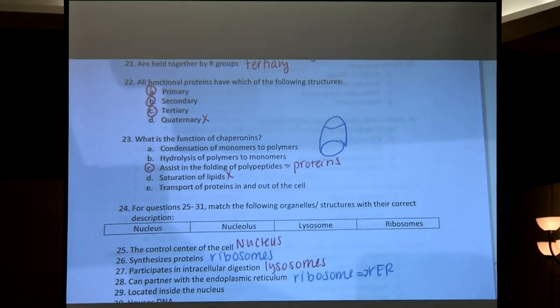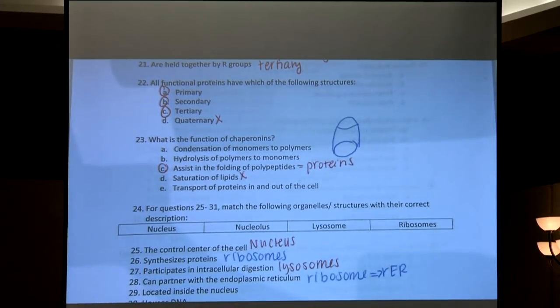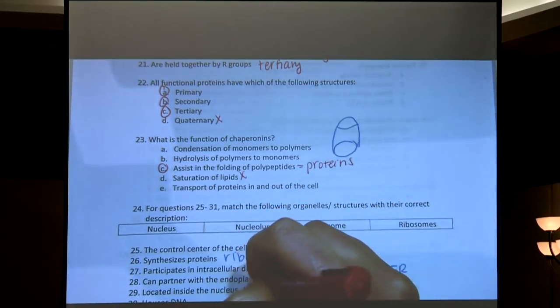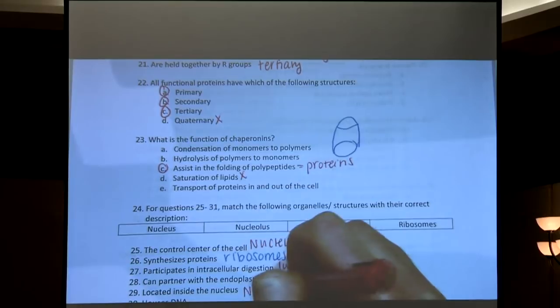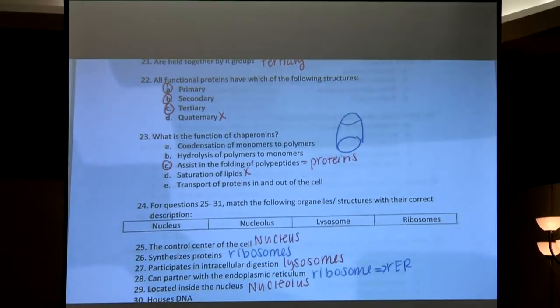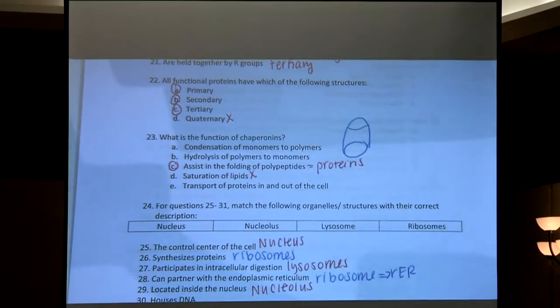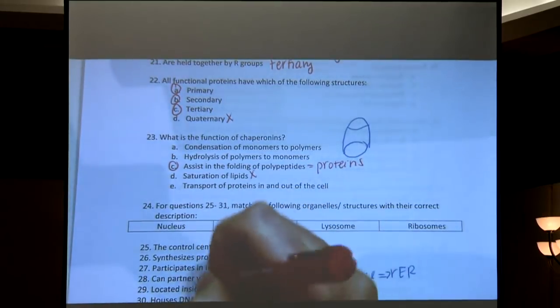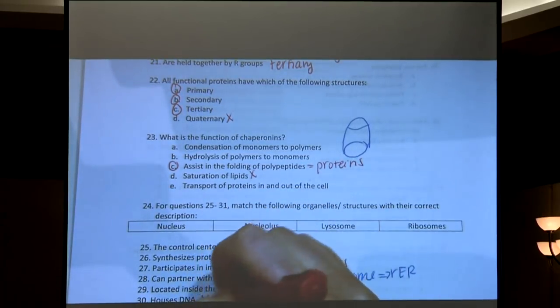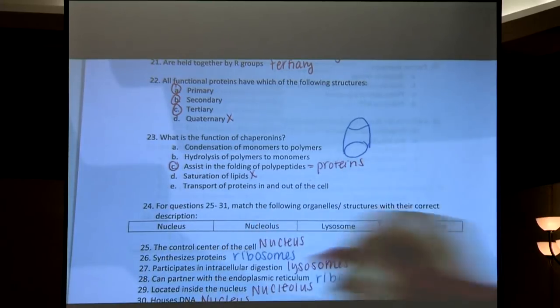And then, which of the following is located inside the nucleus? So, good, our nucleolus is located inside. All right. What else is located inside the nucleus? Good, so our DNA is also located inside the nucleus. It's going to be basically the house. All right.